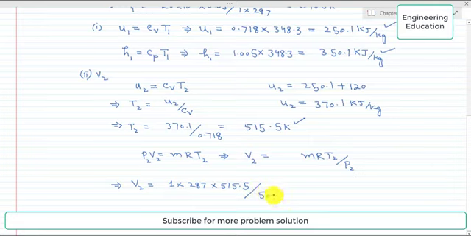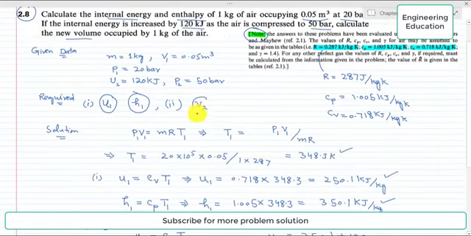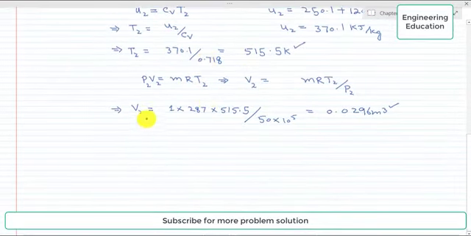Converting it to Pascal, we multiply by 10 raised to power 5. When we simplify this, we get 0.0296 cubic meter. So this is the required new volume for state 2, and it is the overall solution of problem 2.8.